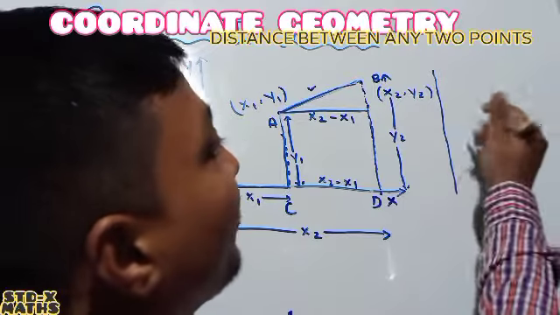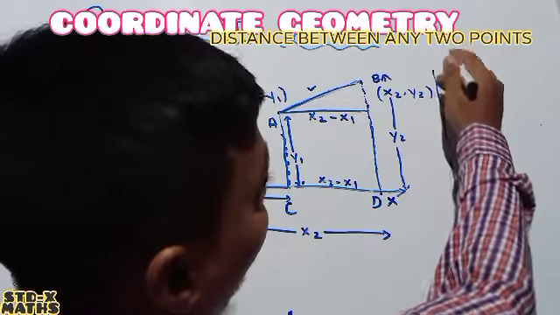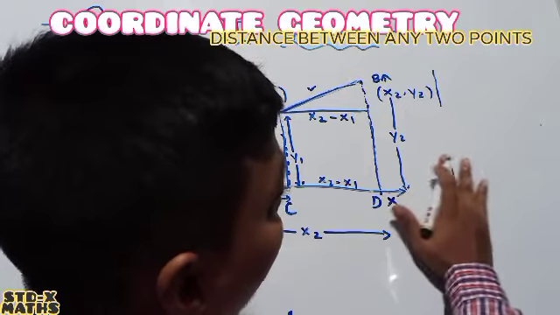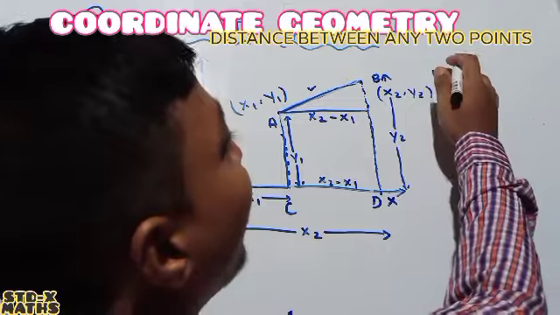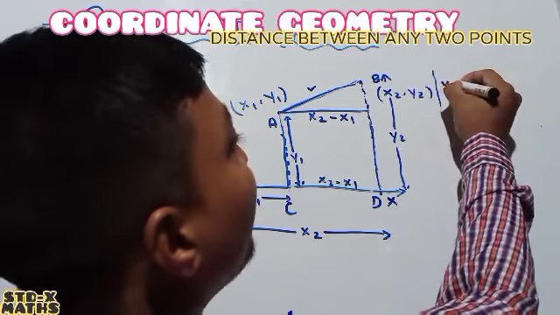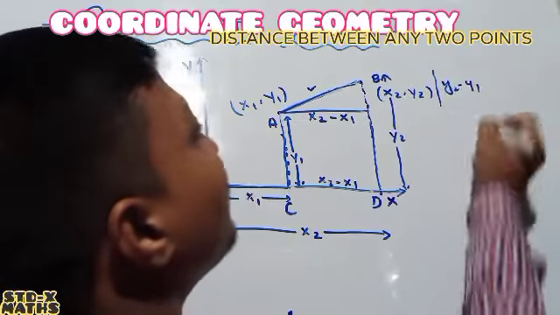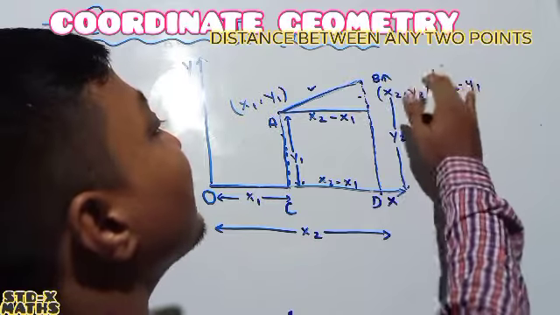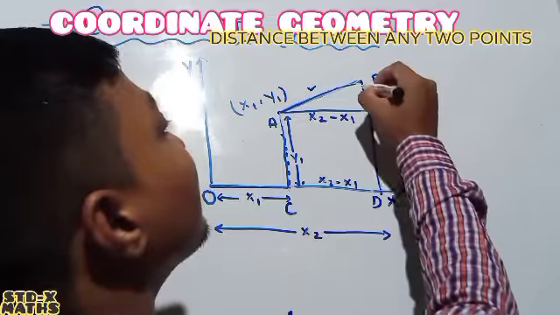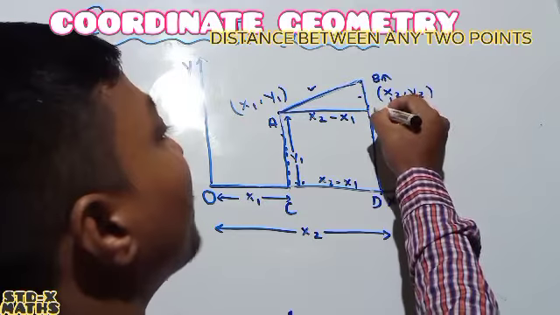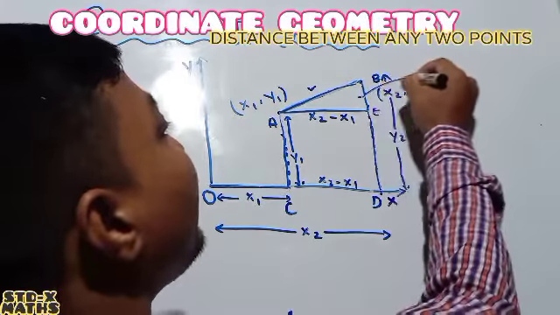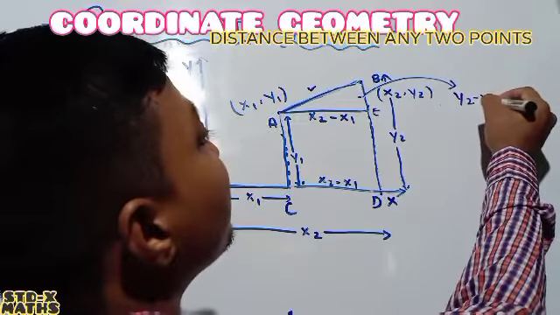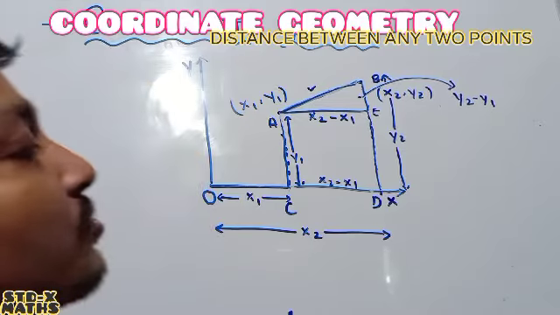From the total y2, if I take away y1, how much will remain? It will be y2 minus y1. Suppose the name of this point is E. Then BE, this length, will be y2 minus y1. Understood perfectly?